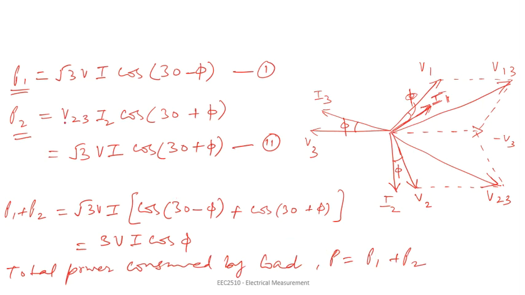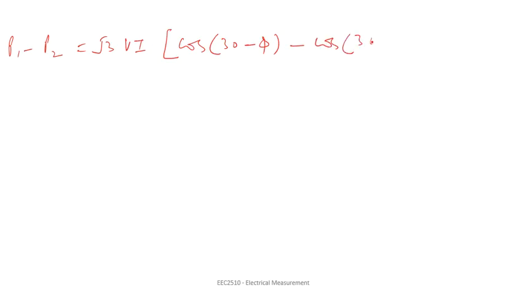Now if you consider the difference of these two wattmeter readings, that is P1 minus P2, let us see what we will get from there. If I subtract P1 and P2, this will be root 3 Vi times cos of 30 minus phi minus cos of 30 plus phi.